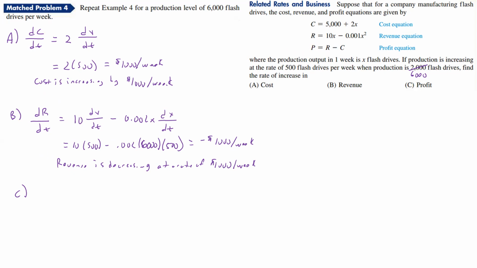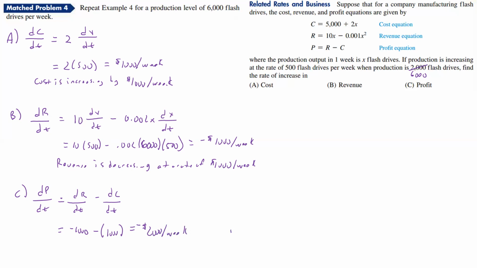So we're not going to plug in all this stuff for R and C. We're just going to say, well, that becomes dP/dt equals dR/dt minus dC/dt, which is just equal to minus 1,000 we found, minus dC/dt, which is 1,000. And so that gives us a minus 2,000 per week.